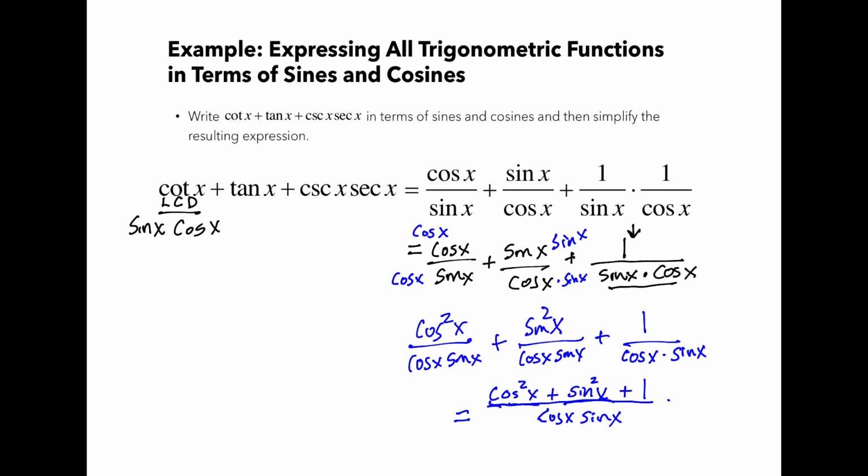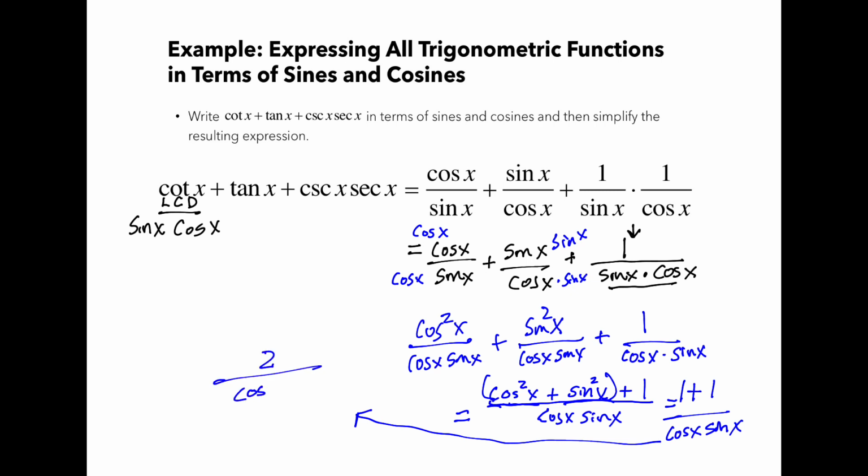And so that expression right here, I can just rewrite as 1. And that gives me a 1 plus 1 on the top over cosine x sine x. And of course, it makes sense to just add those ones together. And that gives me 2 over cosine x and sine x.